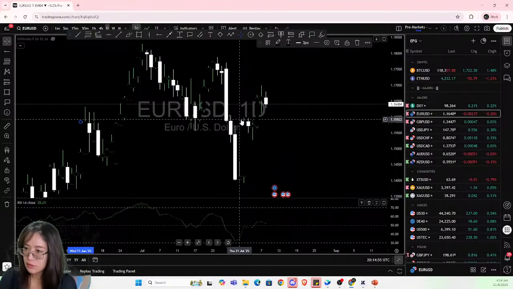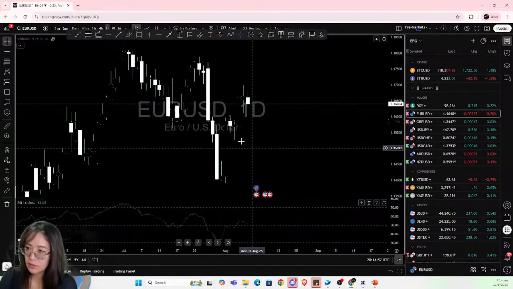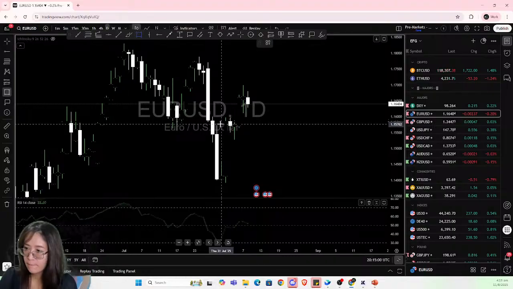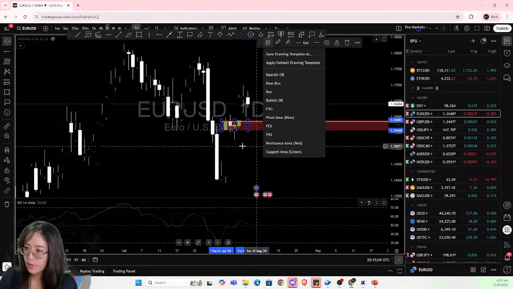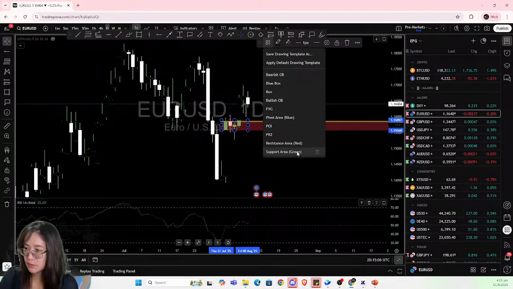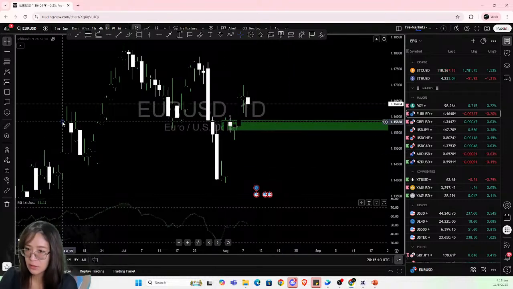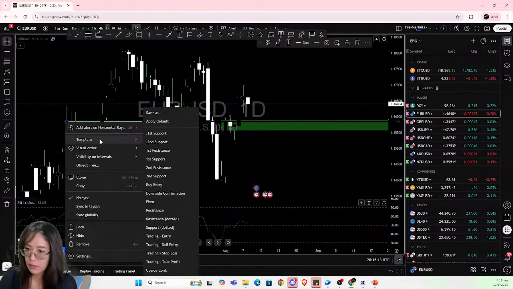Okay, resistance breaks above because of this candle on the D1, and they create demand. This is also our demand zone. Whenever I see something like that, I will highlight first support, and we also have the demand zone here. So the zone is quite big.